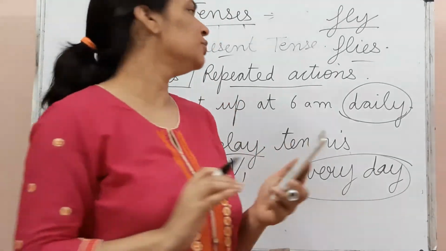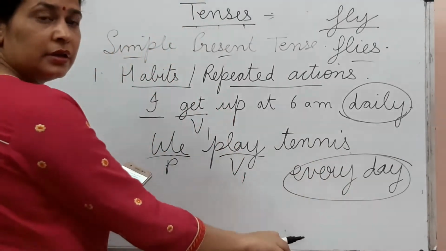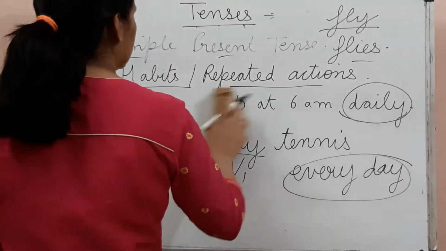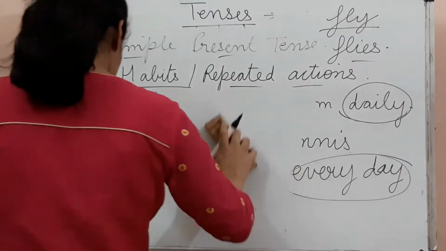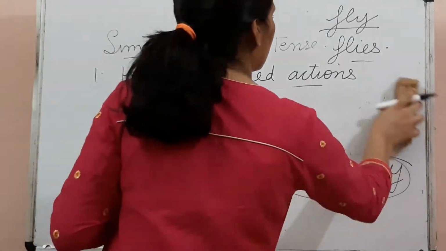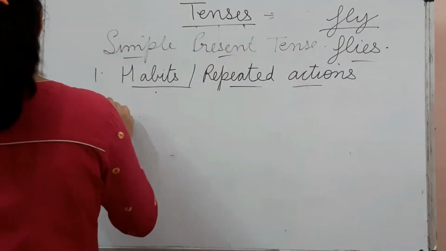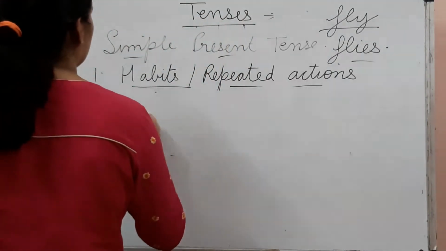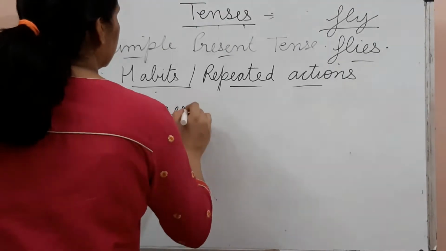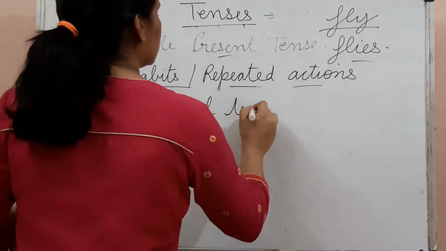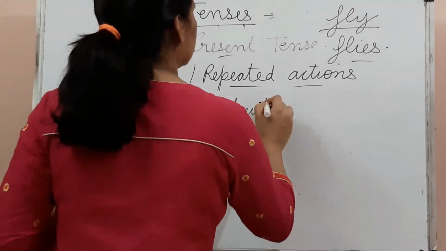Second, the second usage here is that we are going to use it in general truths or geographical truths or scientific facts, we can say. So the second usage given here is general truths. What are these general truths?